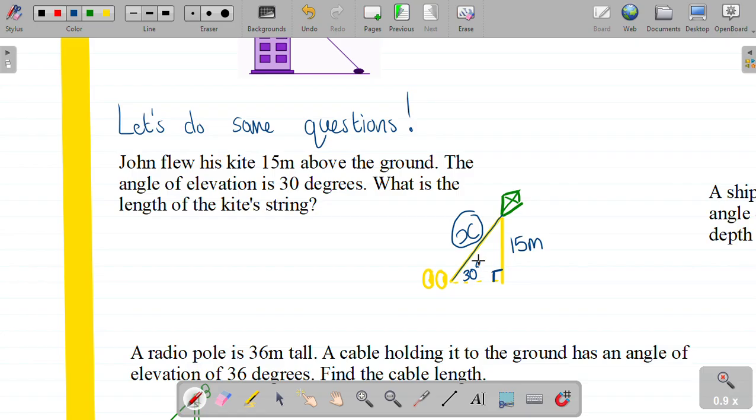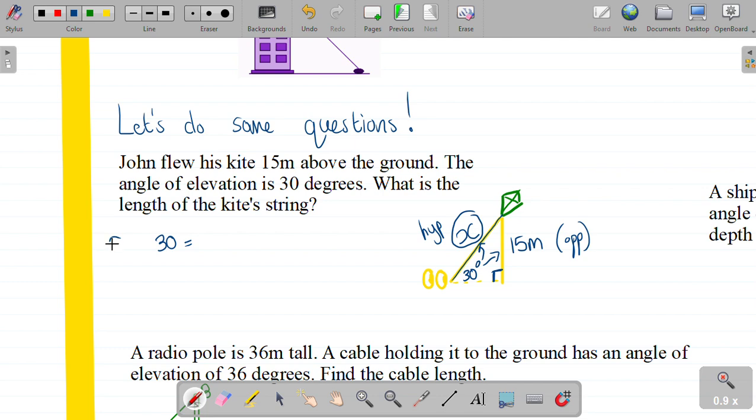So we have 30 degrees, we have 15 meters, and we have our unknown. So we use 30 degrees equals, and the thing that we have is the 15 meters. This would be the opposite in trigonometry, and we want to find the hypotenuse. So guys, what do we use when we want to use opposite and hypotenuse?